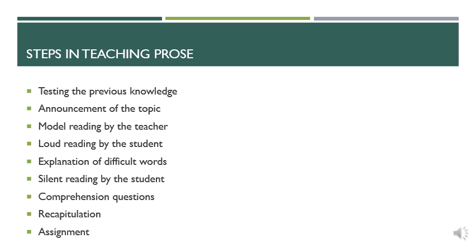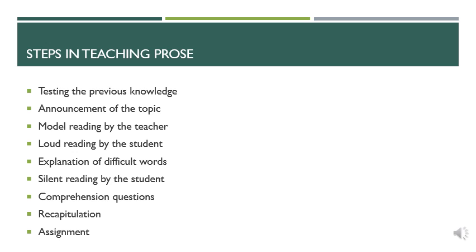Okay, so testing the previous knowledge is nothing but the motivational step. So you have to motivate your students by asking some questions, or by giving some information, or showing some teaching aids, or by telling a story, whatever it is, to check the previous knowledge of the student.